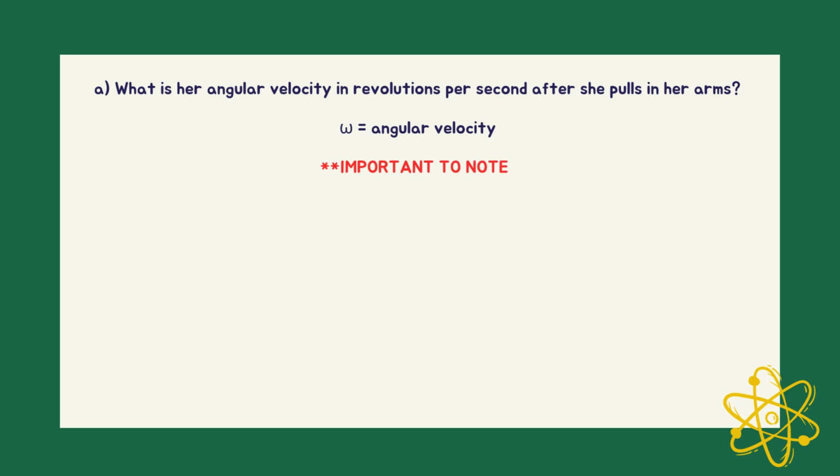Because there is no external torque acting on the system, the conservation of angular momentum applies. So the initial angular momentum is equal to the final angular momentum, which can be broken down further, where I and omega are the initial moment of inertia and angular velocity, and I and omega are the final moment of inertia and angular velocity after the skater pulls her arms in.